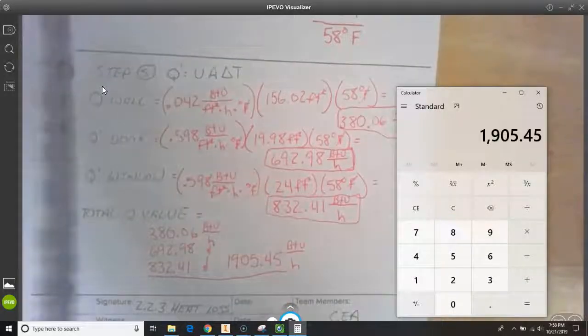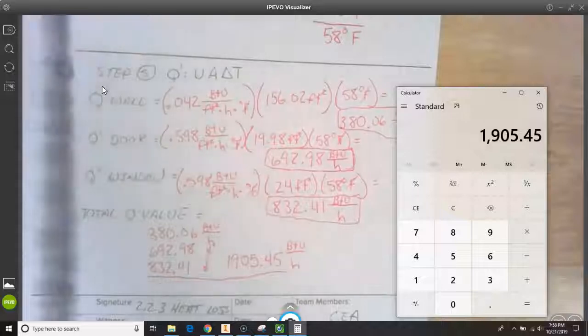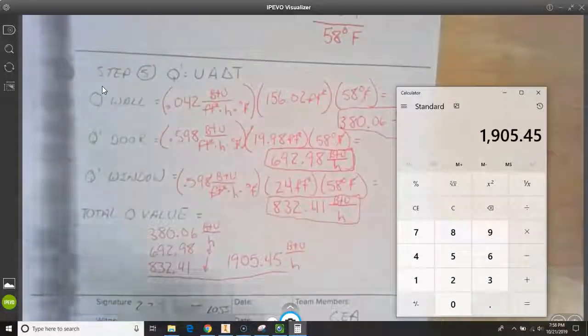So that's how you do step number 5, which is the calculation of our heat loss through the walls.